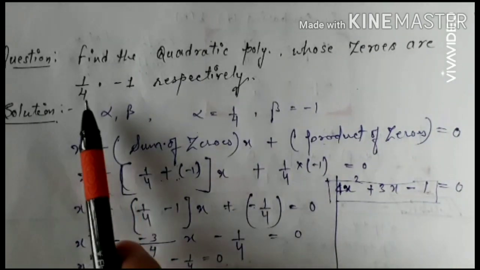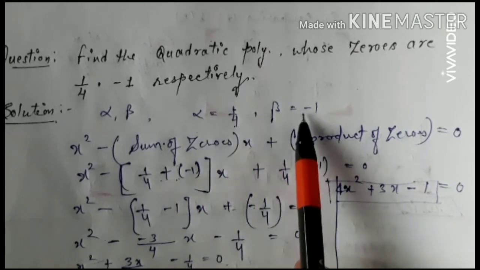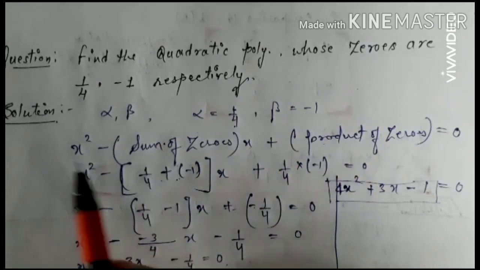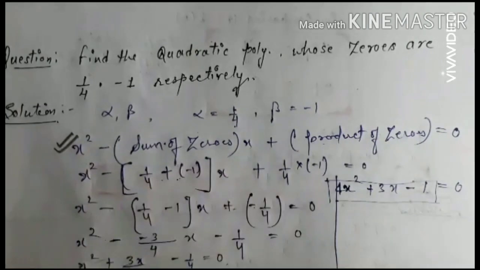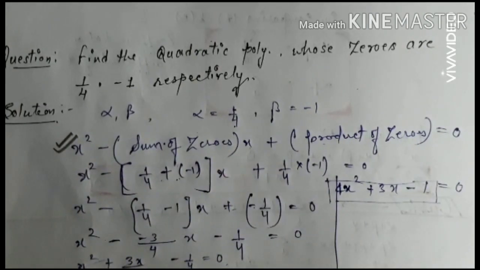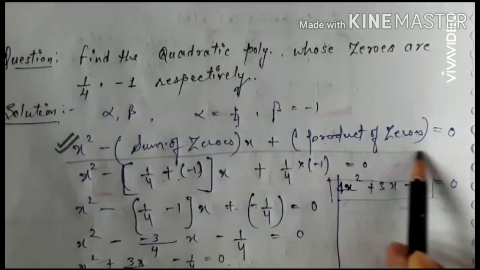The first thing is that you have been given 2 zeros, 1 by 4 and minus 1. This is the main thing you have studied with the derivation. When we did the derivation of the quadratic polynomial, this result came.